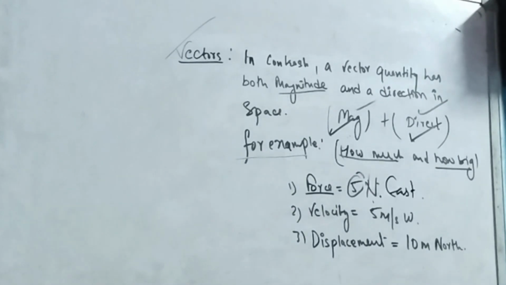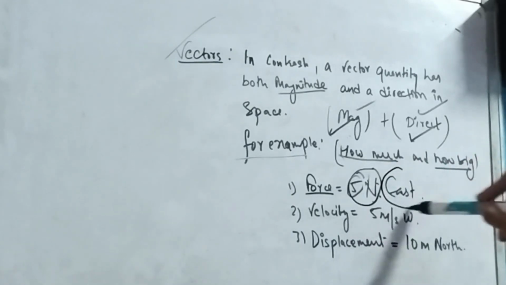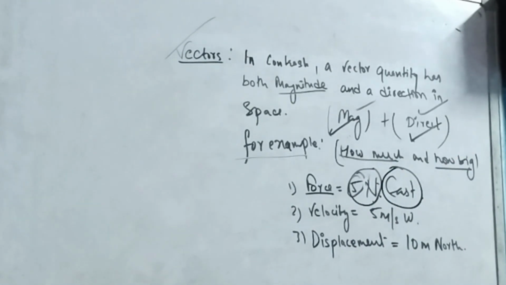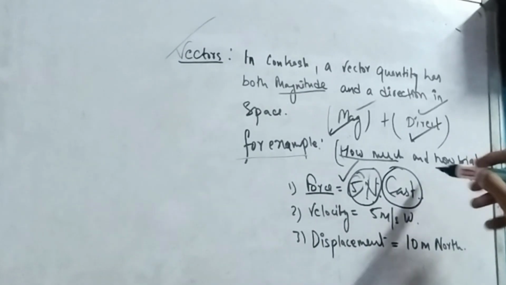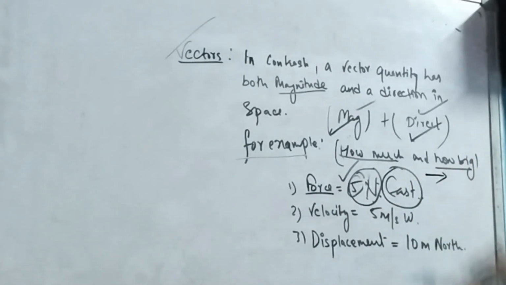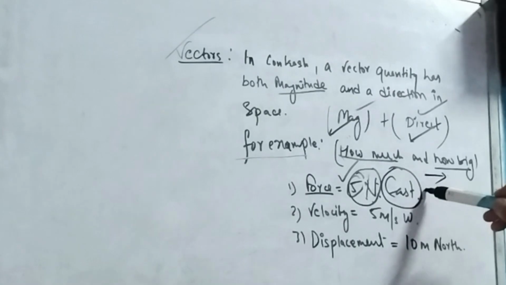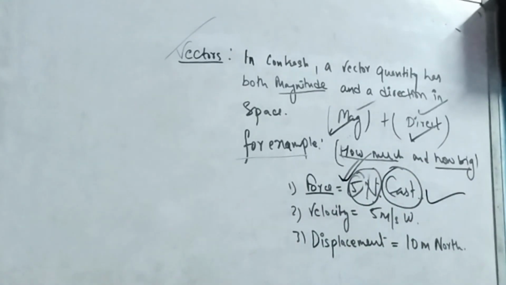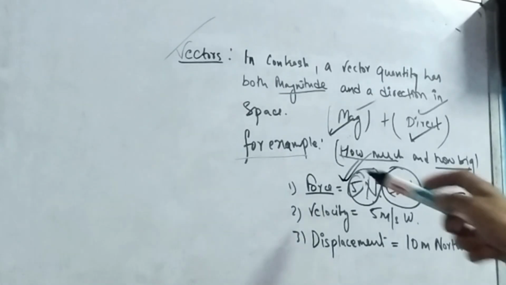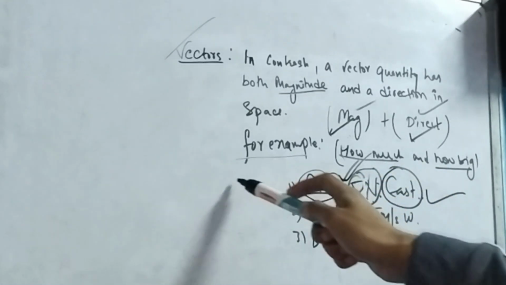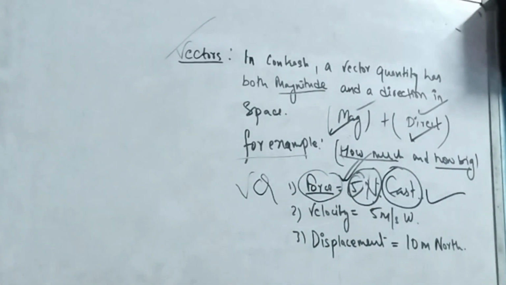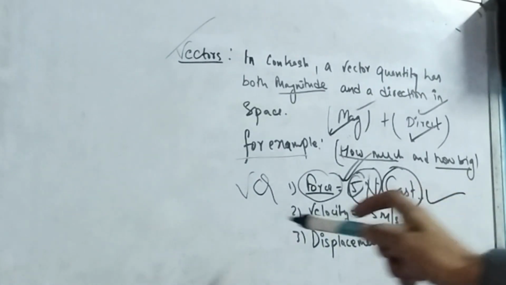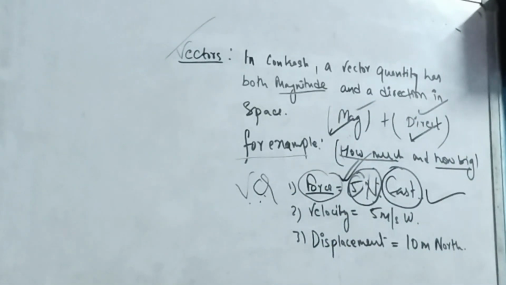Here the magnitude is 5 and here is east. East is a direction, so there is direction also and magnitude also. So this is the first example of a vector quantity.